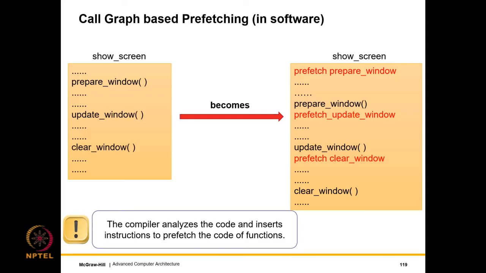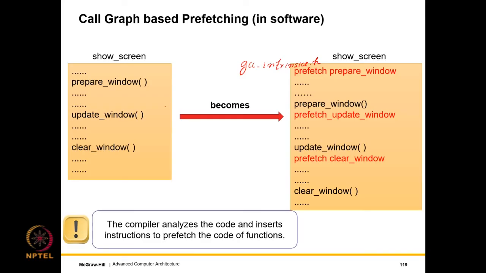Almost all instruction sets have such prefetch instructions, and you can look at gcc intrinsics.h on Linux. It will show you built-in macros that can be used to issue such prefetch instructions.